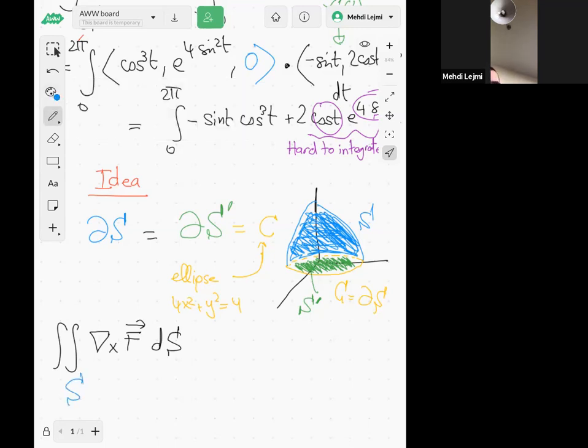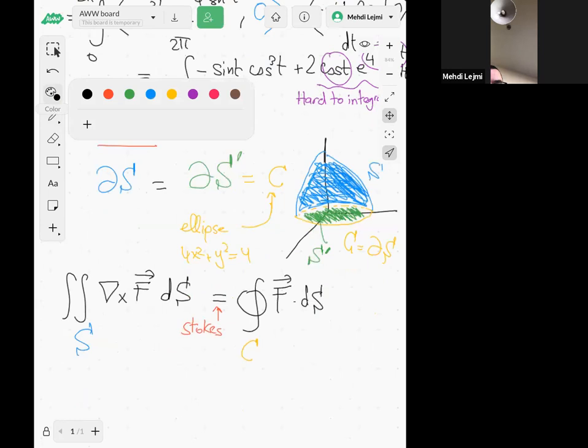But as I said, this turns out to be hard to compute, so we try to use the Stokes theorem along the boundary of S, which is this ellipse C. But this curve C is also the boundary of S prime.